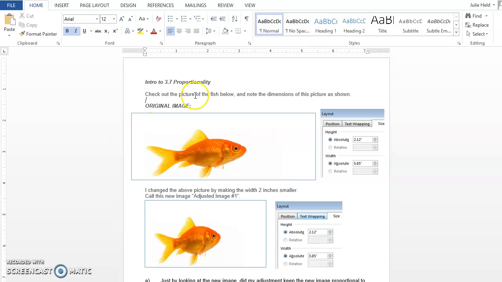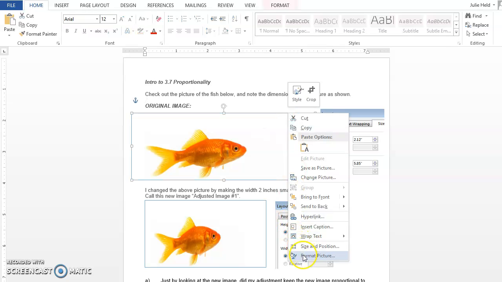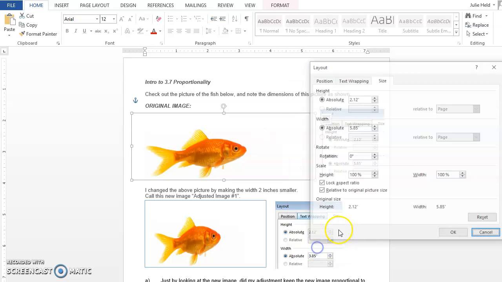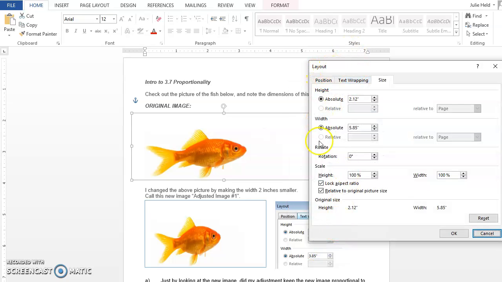The nice thing about Word or Google Docs or a lot of document software is that when you click on a picture and right click, I can go to this option called size and position, and it gives me the layout. It gives me the actual dimensions of my picture. So the height is 2.12 inches, the width is almost 6 inches, and that's for this picture.